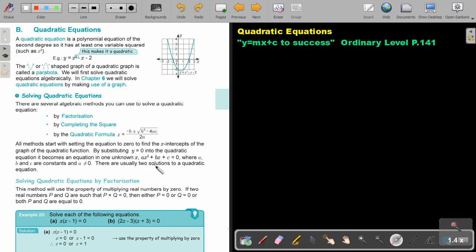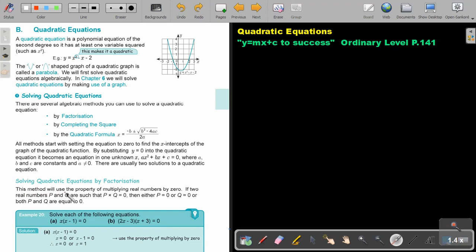There are usually two solutions to a quadratic equation, not always, but usually it will cut the x-axis at two places. So in this video we are going to solve quadratic equations by factorization.